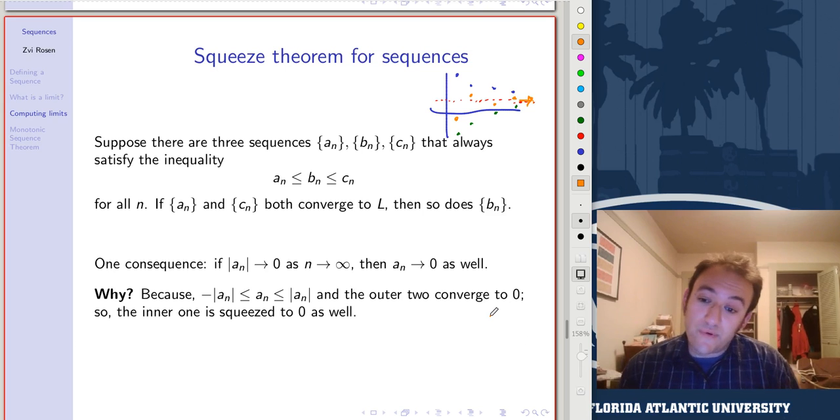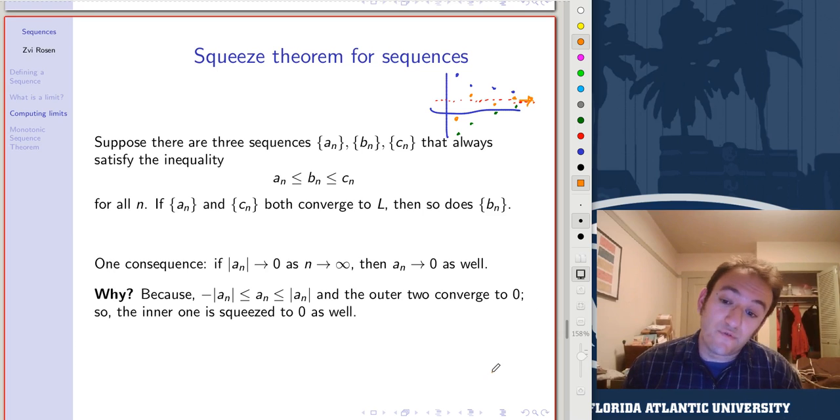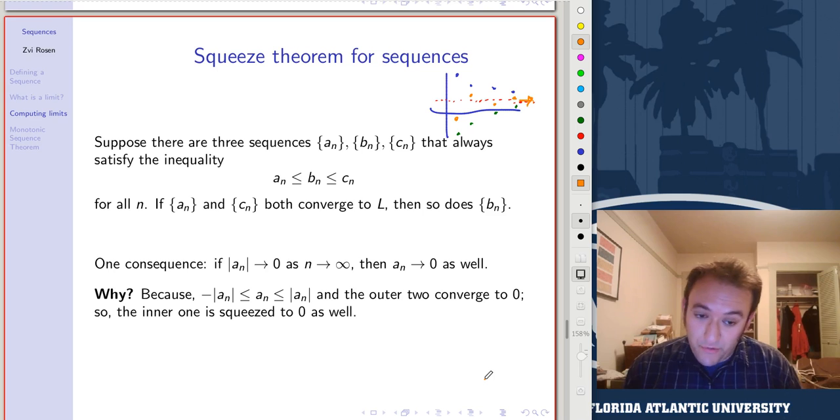One consequence of the squeeze theorem is that if the absolute value of a sub n approaches 0 as n goes to infinity, then a sub n, without the absolute values, also goes to 0. Why is this? It's an application of the squeeze theorem, because minus the absolute value is less than or equal to a sub n, which is less than or equal to positive the absolute value of a sub n, and the outer two converge to 0.